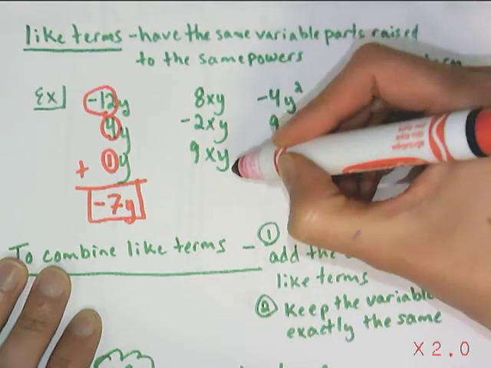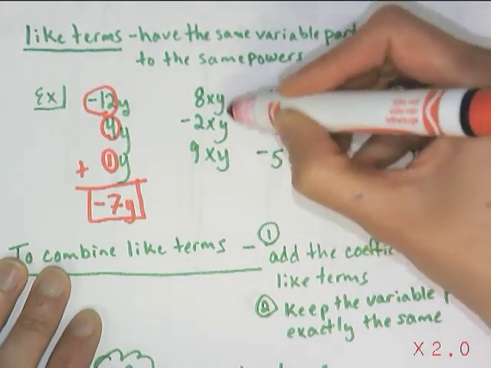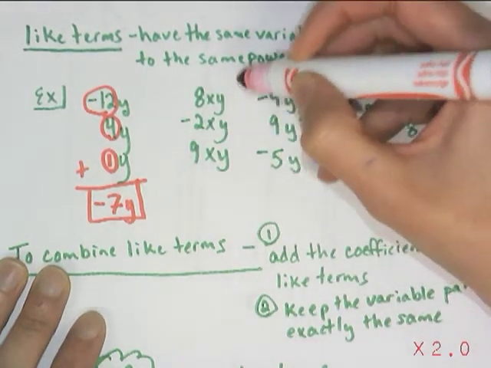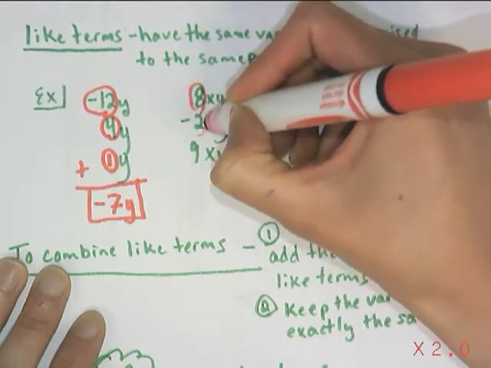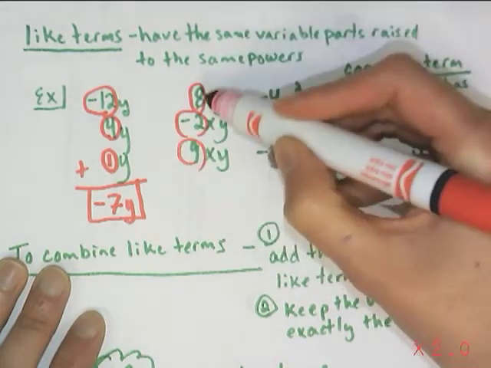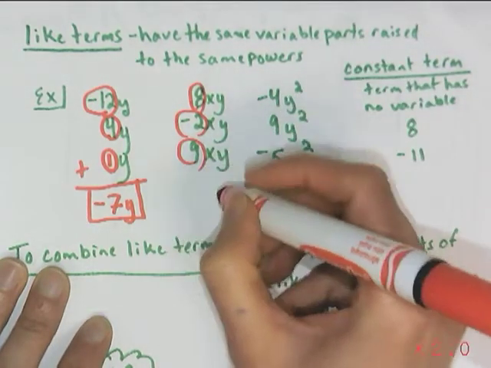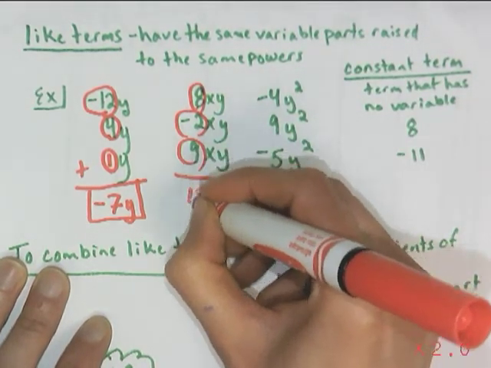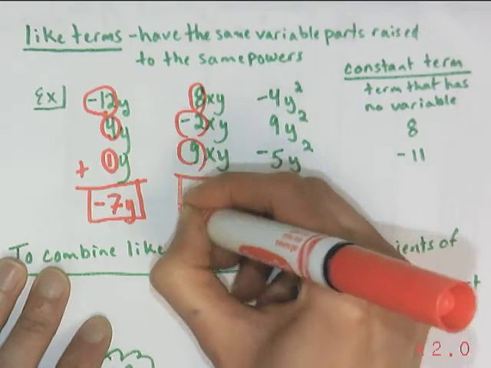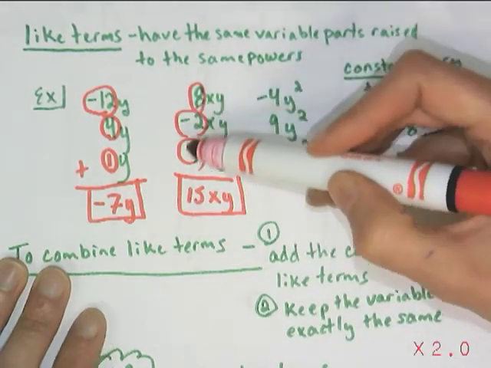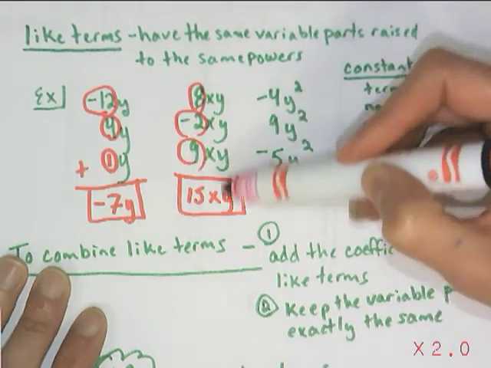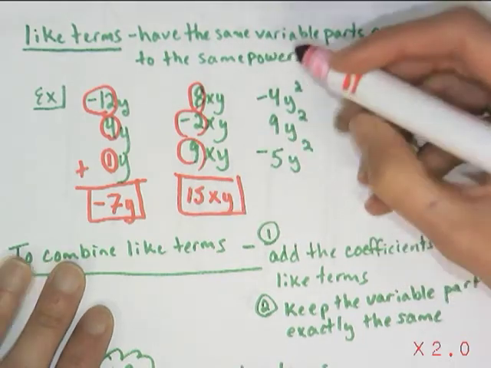If you look at the middle column, xy is all the same terms. So I combine their coefficients, and an 8 minus 2 is 6 plus 9. In the end, you have created 15xy. Notice I've only added their coefficients, and I kept the back half exactly the same.